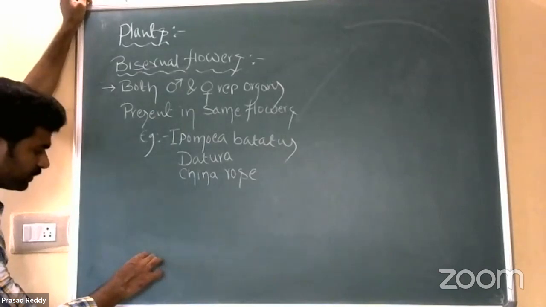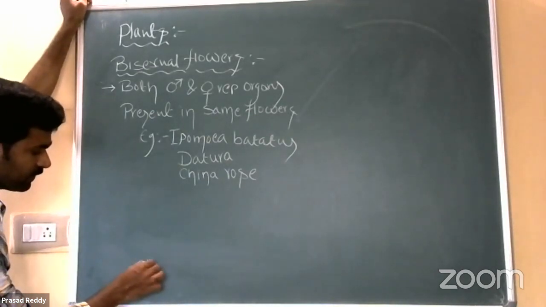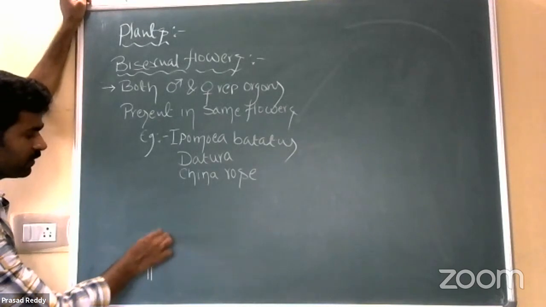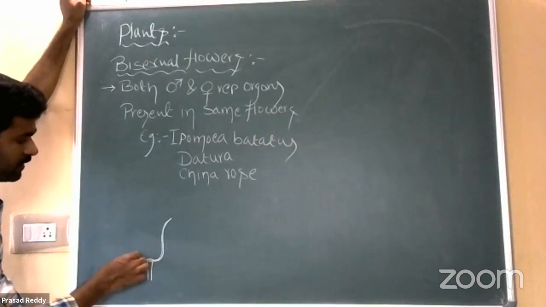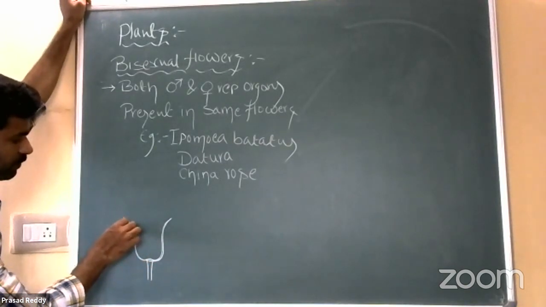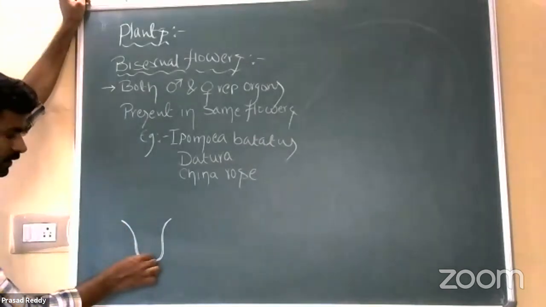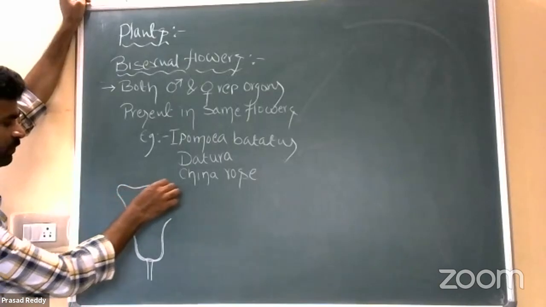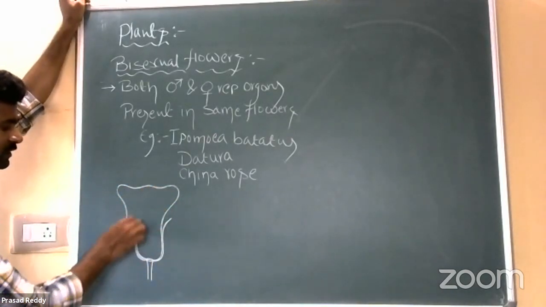See, it is better to take a diagram for this. Just, it is the stalk of the flower. The stalk of the flower is called the pedicel. The tip of the pedicel becomes swollen, called the thalamus. On the thalamus, many nodes and internodes are highly condensed. So on the thalamus, many floral leaves are arranged into four whorls. The outermost whorl is the calyx. The second whorl is the corolla. The third whorl is the androecium.